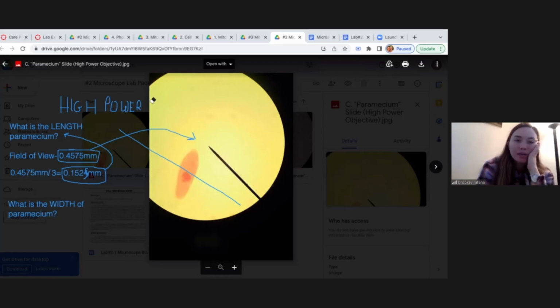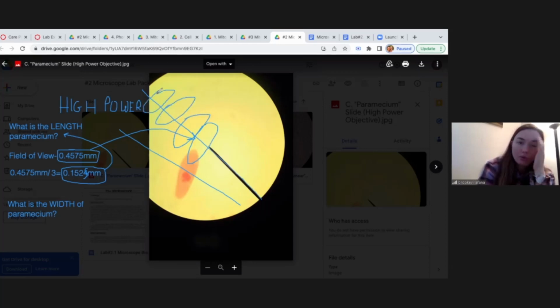So how many paramecium do you think can fit from top to bottom of this circle, right? If I kind of pretended it was right here in the middle, how many could fit across? So 1, 2, 3, 4. Width is a lot harder to get exact because it's so big, so many. 6, 7.